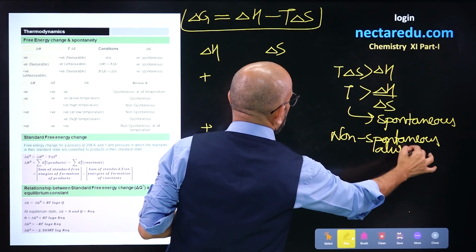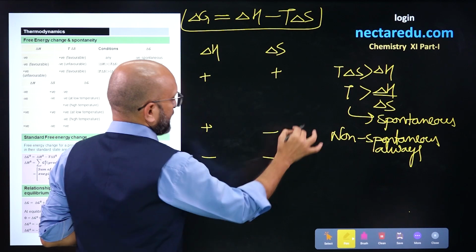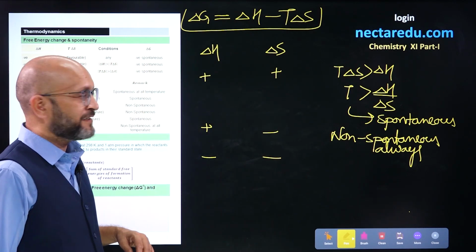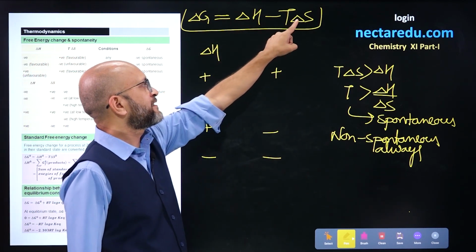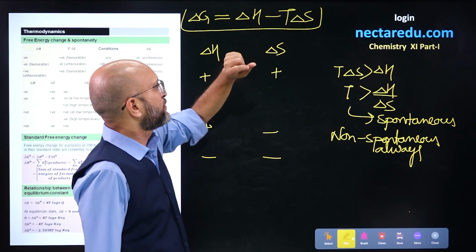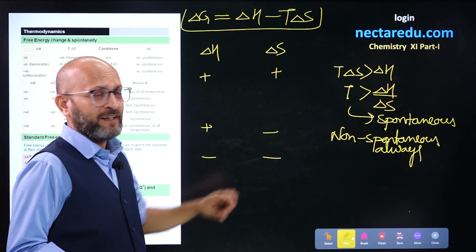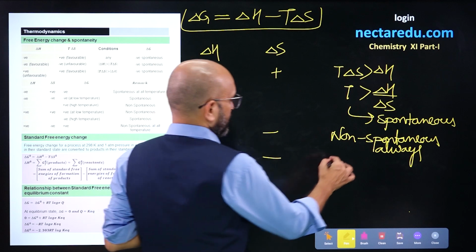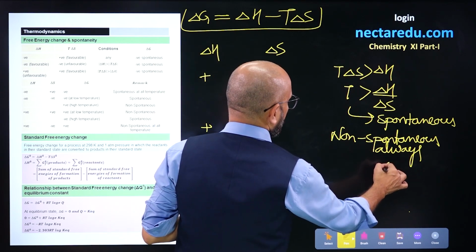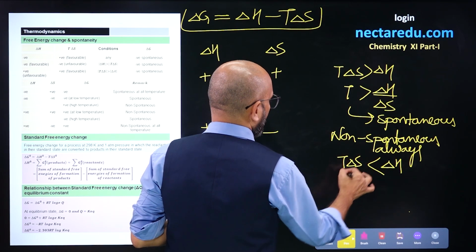Non-spontaneous always, right? Next case, we take delta H negative and delta S negative. Negative into negative is positive. So this term is positive and this is negative. So delta H has to be greater than T delta S. So at what temperature?